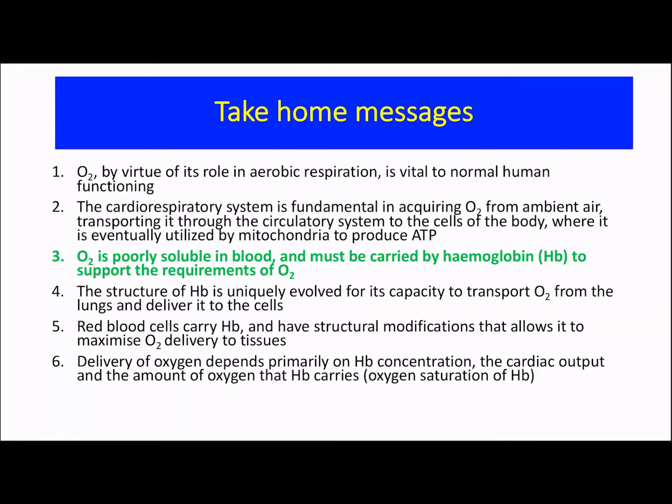So, we've now learnt that oxygen is absolutely vital for aerobic respiration, so much so to generate significant quantities of ATP. We've also learned a bit about the oxygen cascade, how oxygen comes in from the ambient environment, and we calculated the partial pressure of oxygen using some of the gas laws that we learned in dealing with partial pressure.